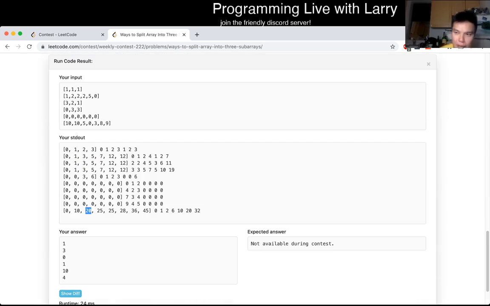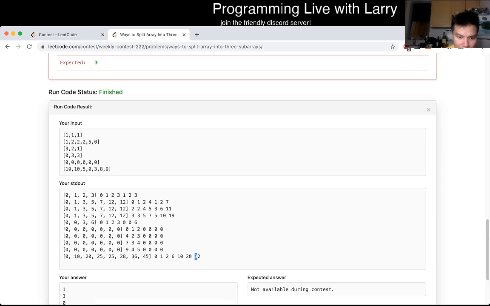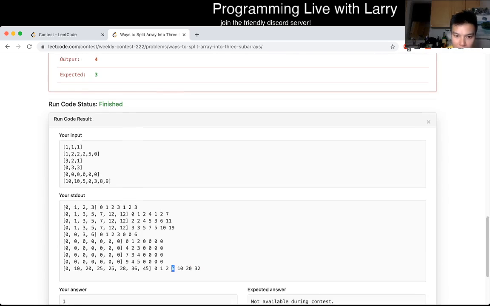I mean, this is kind of right, except for not. This should be. I think my counting is just really off on this one. Maybe it's not even. No, this is not right. 20. Why is 20 giving me 6 index?